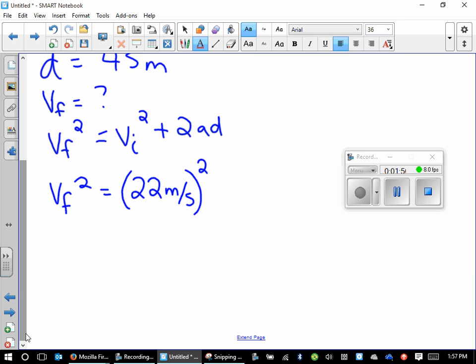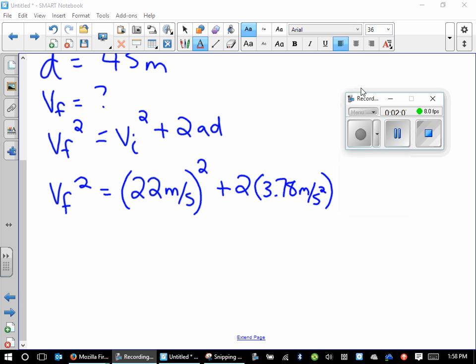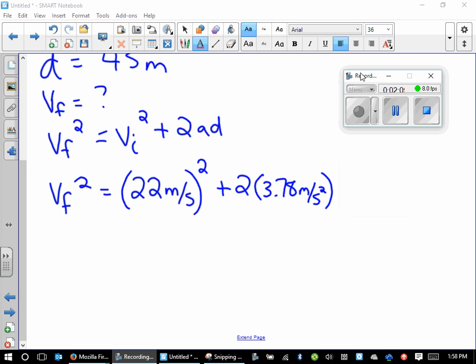We're going to square that. Plus 2 times the acceleration. The acceleration was 3.78 meters per second squared. There, 2A, and my distance is 45 meters.